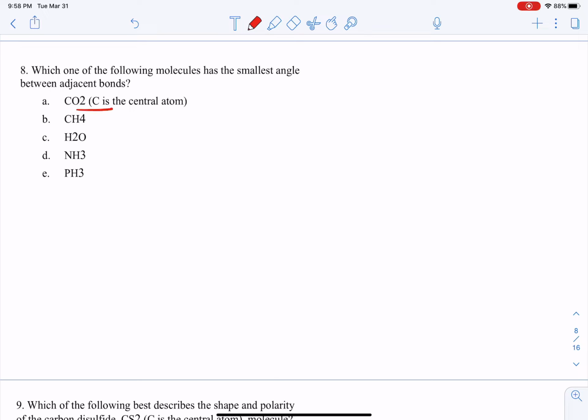It's written C is the central atom, so the easiest way is to make everyone's Lewis structure and compare them. So C double bond O. Then we will make something for CH4. It's H, we already made it in the last question. Then H2O we have already done before, so it's something like O H.